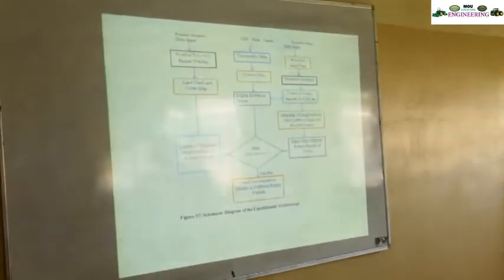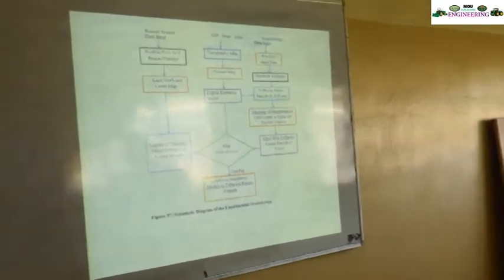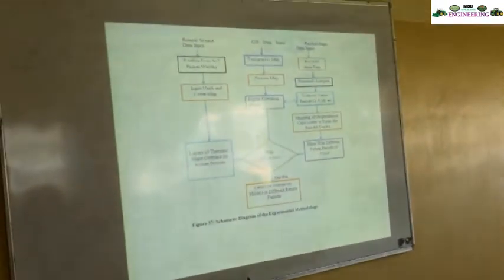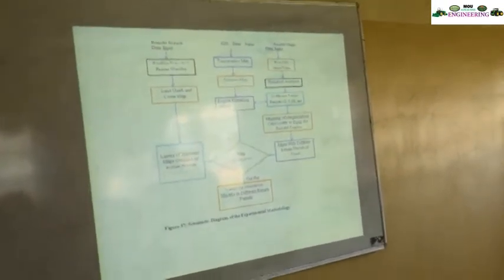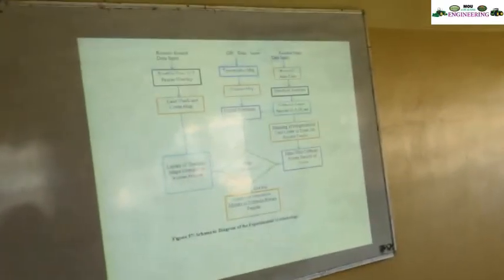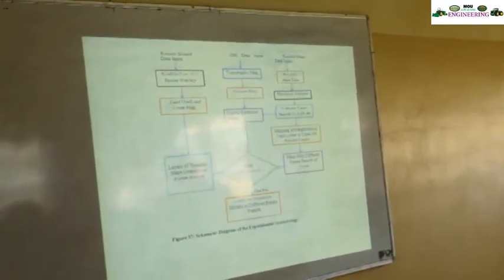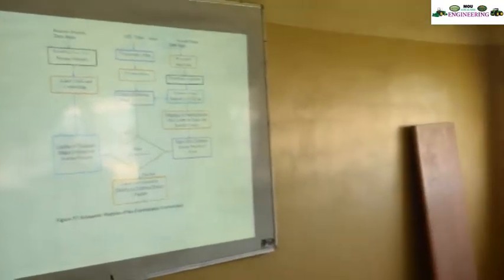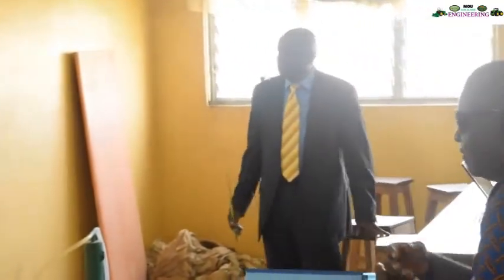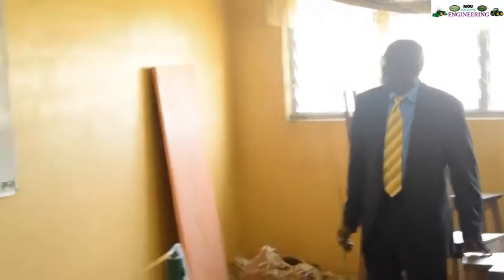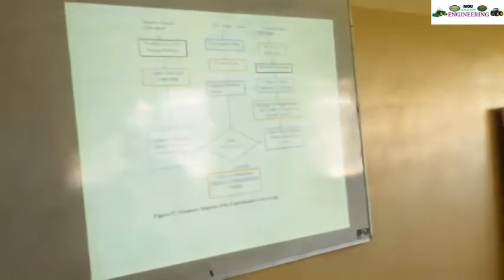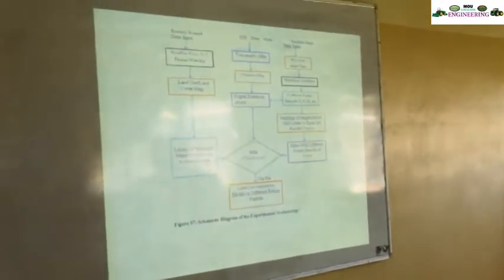This is the schematic diagram for the experimental methodology. We have three inputs: the remote sensing data input, the GIS data input, and the rainfall. The remote sensing data gives you a thematic map, while the GIS data gives you a digital elevation model.